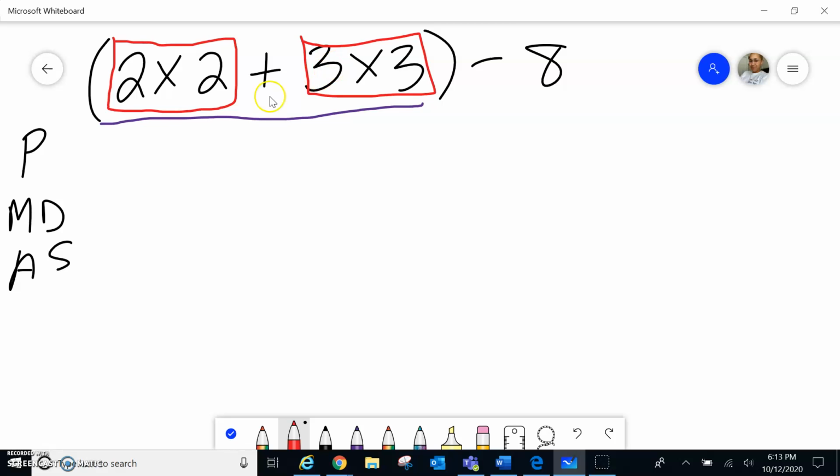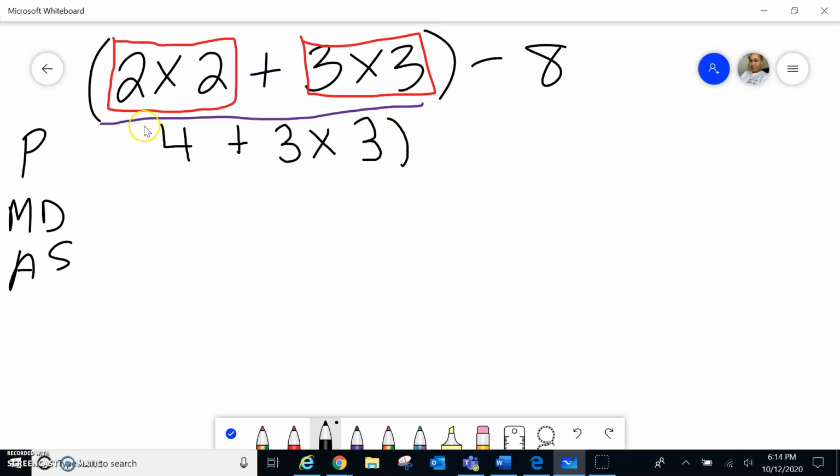I have 2 sets of multiplication expressions in here. I still have to follow the rule which says start from left to right. So whichever one comes first is the one you do first. The first one we have is 2 times 2, which is 4. So I can write my 4. And then I'm going to bring down plus 3 times 3.